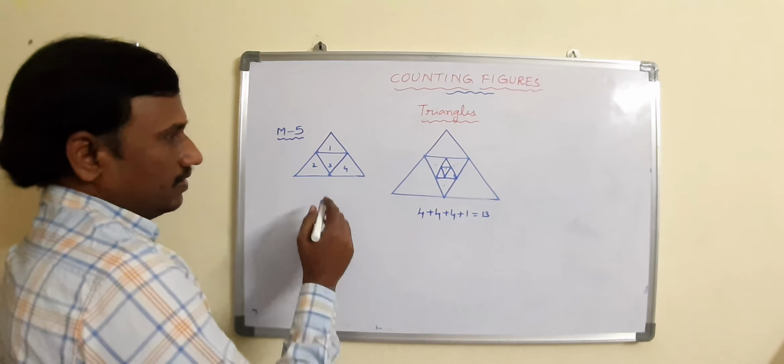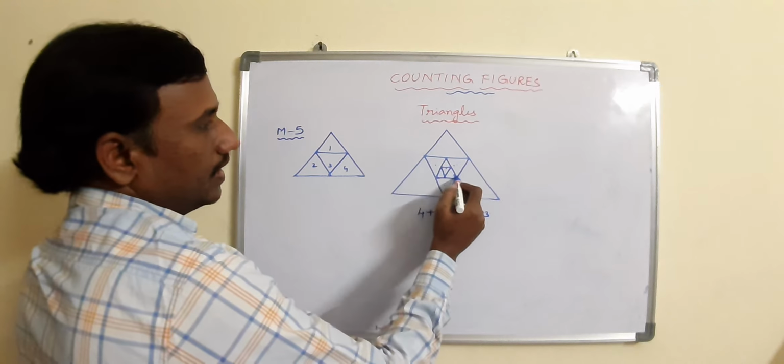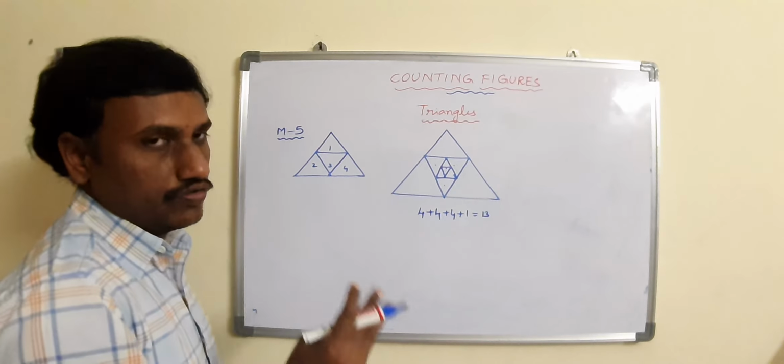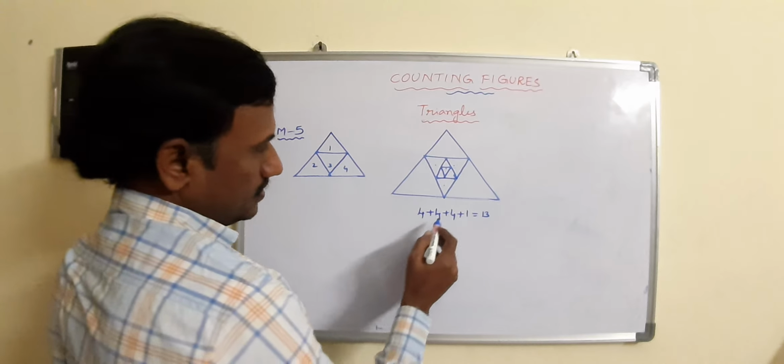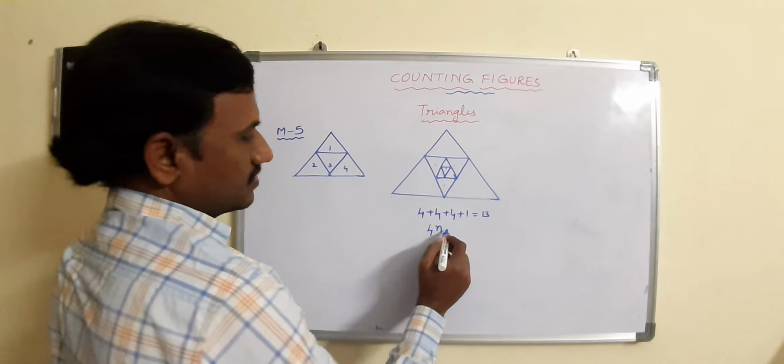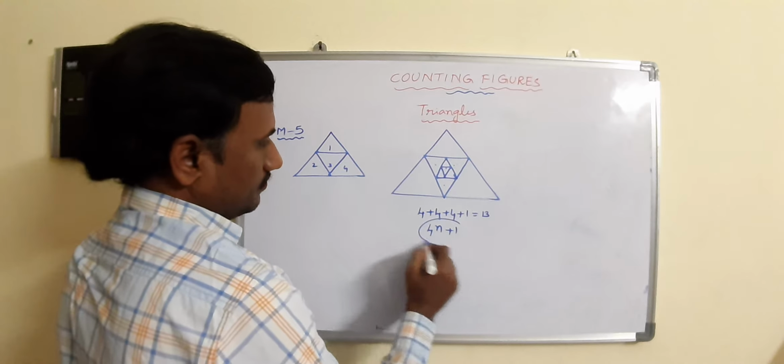That means each time we draw one triangle like this, it makes the triangle into 4 parts. So 4 into the number of triangles, plus 1, is the logic for this.